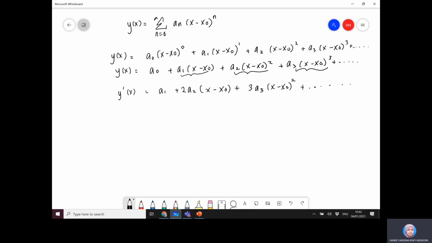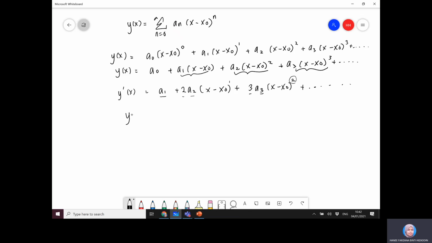You can see the trend here, right? If you see the pattern, it starts from a1, and then you get 2 times a2, with exponent 1, then 3 times a3, with exponent 2.